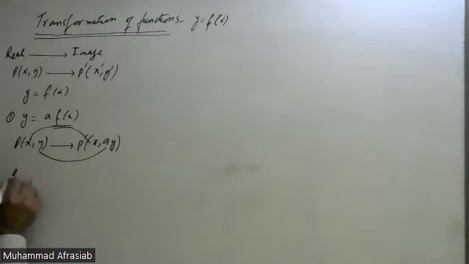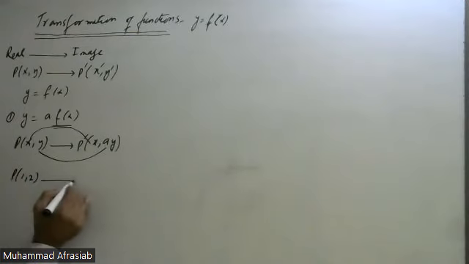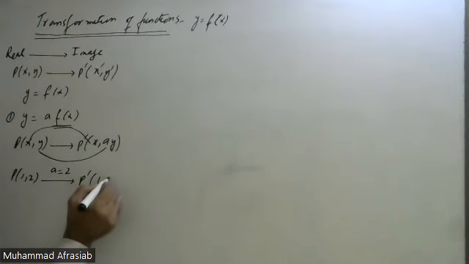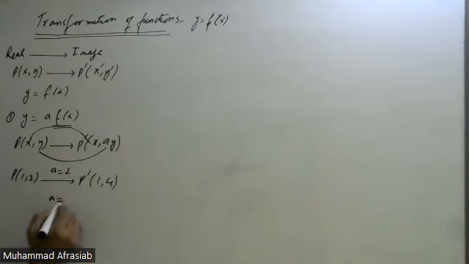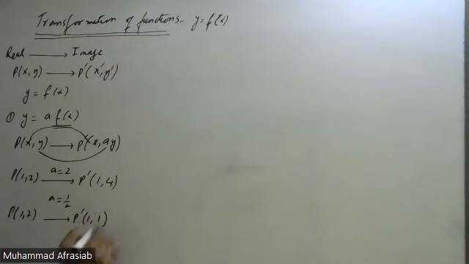Suppose P is 1, 2, where a is equal to 2, then P dash will be equal to 1 and 4. If a is equal to 1 by 2, then the point 1, 2 will be changed to 1 and 1. And if a is equal to minus 1, then the point 1, 2 is going to be changed to 1 and minus 2.